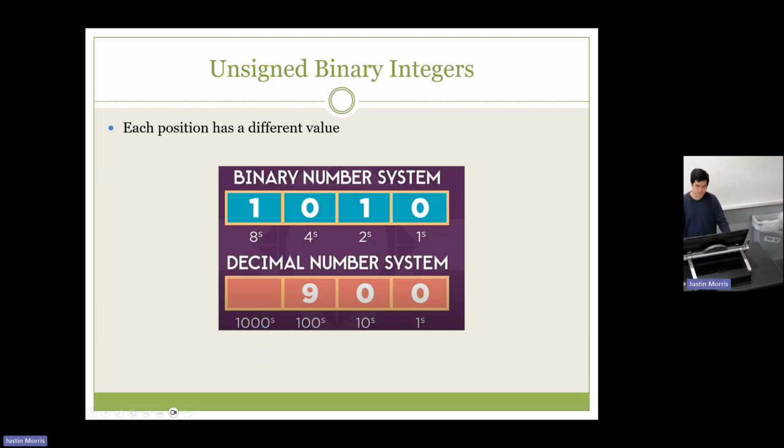As soon as you hit 2, you're going into the next digit. So the second position is just going to be 2 to the 1, 2 to the 2, 2 to the 3. Whereas in decimal, we have 1 because 10 to the 0, and then 10, 100.